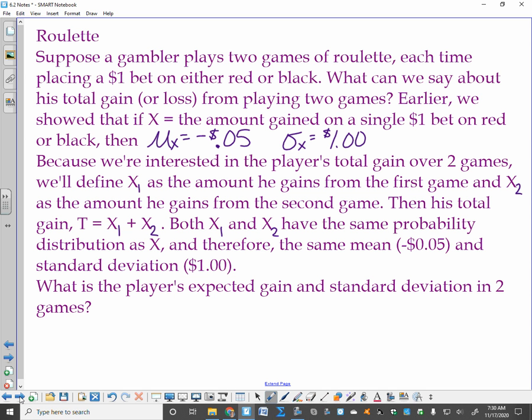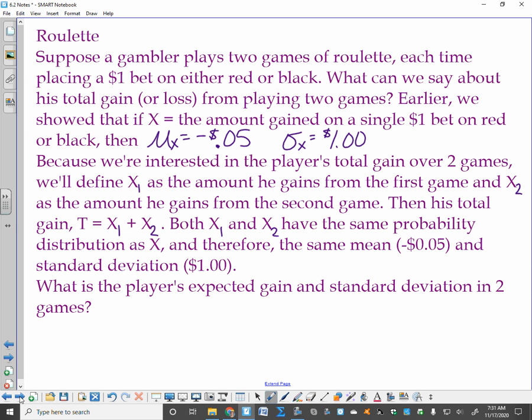Earlier we showed that X equals the amount gained on a single $1 bet on red or black, then mu sub X equals a negative 5 cents, and sigma varies about $1. Because we're interested in the player's total gain over 2 games, we're going to define X sub 1 as the amount he gains from the first game, and X sub 2 as the amount he gains from the second game.